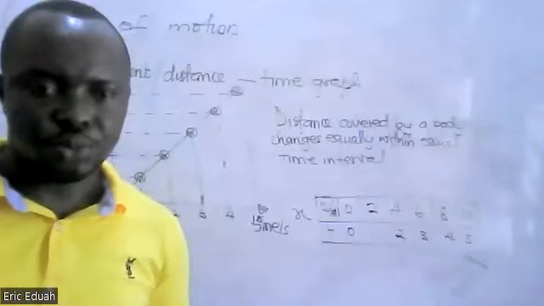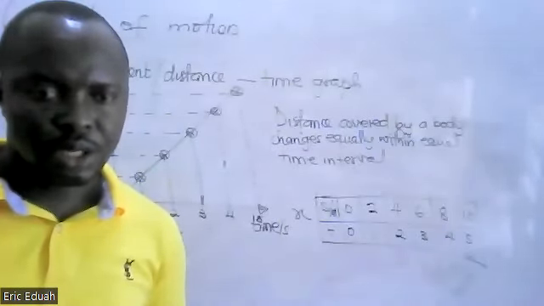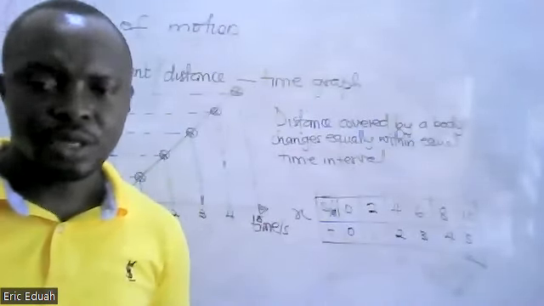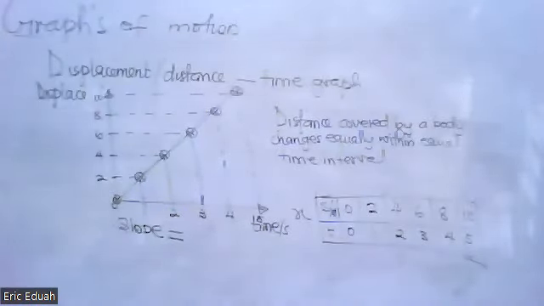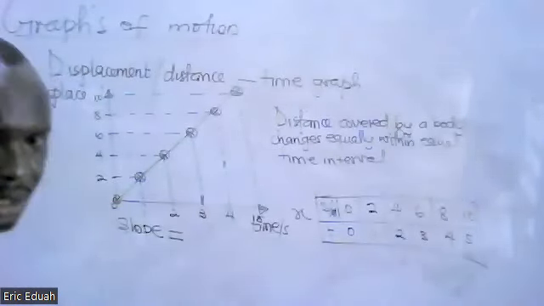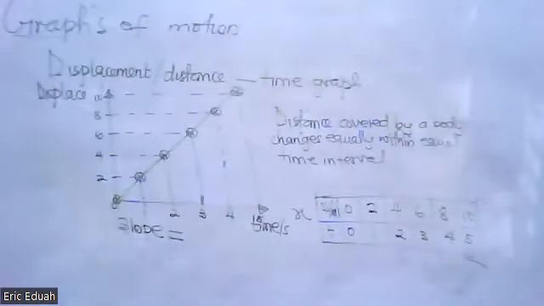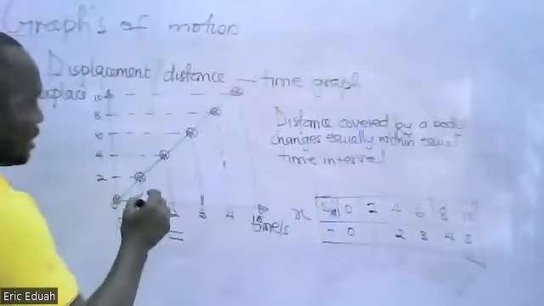What did you get for the slope, Stone Boy? Okay, Akosia, what did you get? Okay, 2. You had 2. Okay, let's see it.